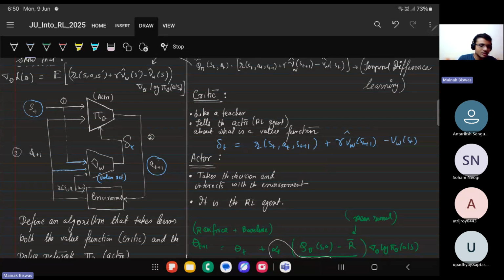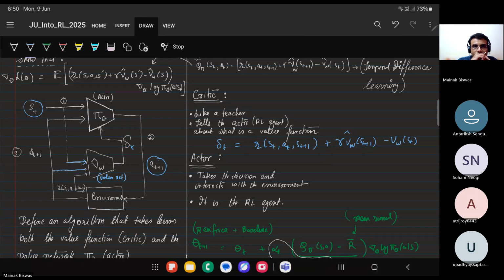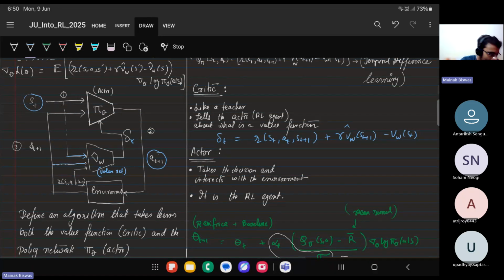This is my temporal difference. So to compute the temporal difference, I need both S_{t+1} and S_t, and also the reward from the environment. And the reward from the environment in turn depends on the action that the policy network takes. This is not A_{t+1}, this is A_t. Sorry.